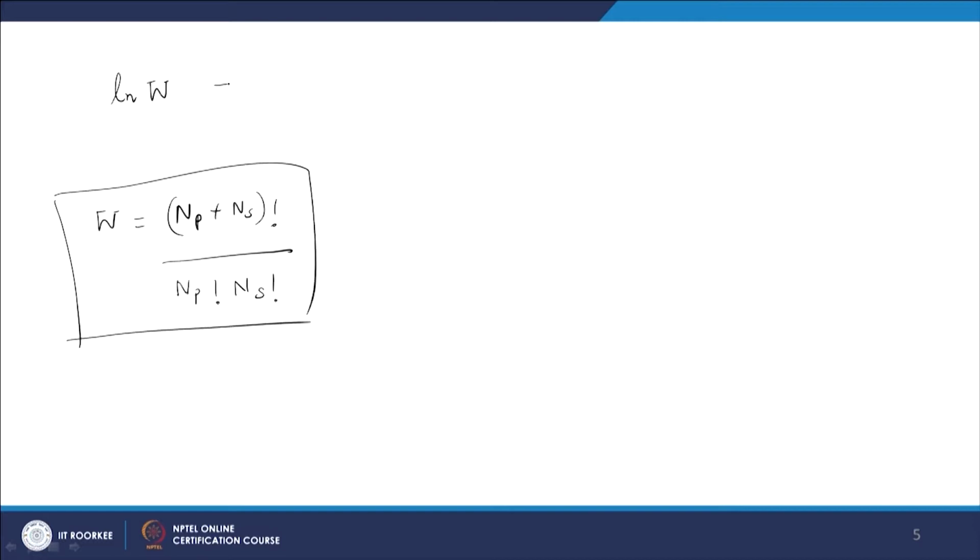So, ln of W will be ln of (Np plus Ns) factorial minus ln of Np factorial minus ln of Ns factorial, and we will make use of what is known as the Stirling formula.